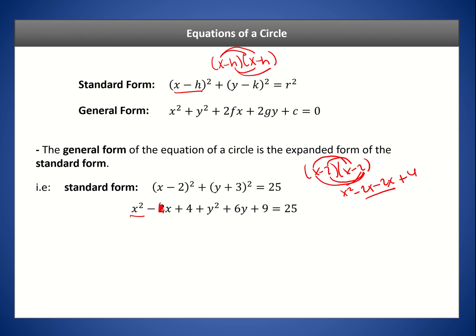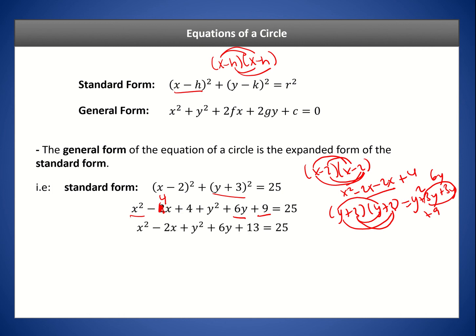This should actually say minus 4x, not minus 2. And then if I were to expand this, y plus 3 times y plus 3, I would get y squared, y times y. 3 times y is 3y, another 3 times y, which makes 6y, which we have here. And then finally 3 times 3, which is 9, which we get here. So it's essentially the expanded form of the standard form.